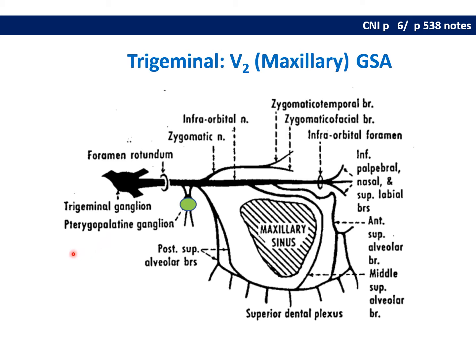So those preganglionic fibers from the facial nerve go to the pterygopalatine ganglia, synapse, and then those postganglionic fibers hop on the zygomaticotemporal, and then onto V1, particularly the lacrimal branch, to get to the lacrimal gland in order to innervate crying.